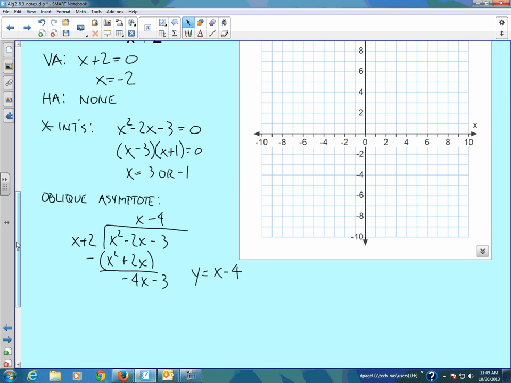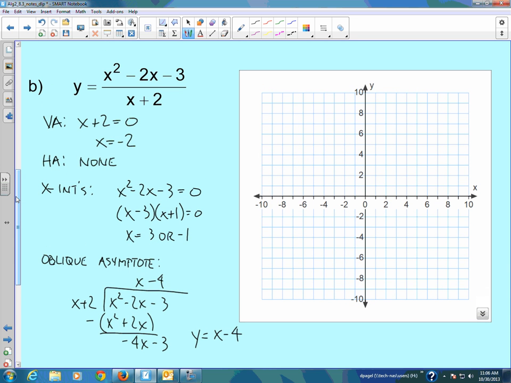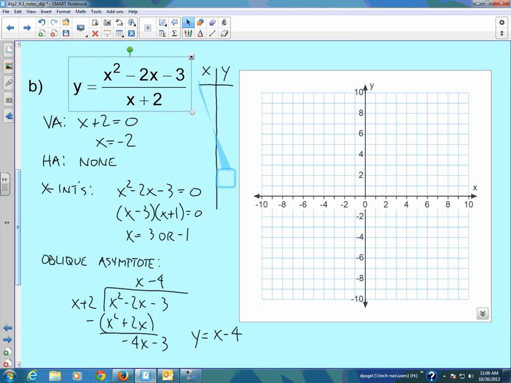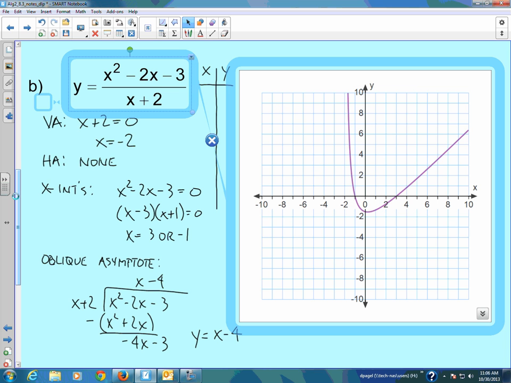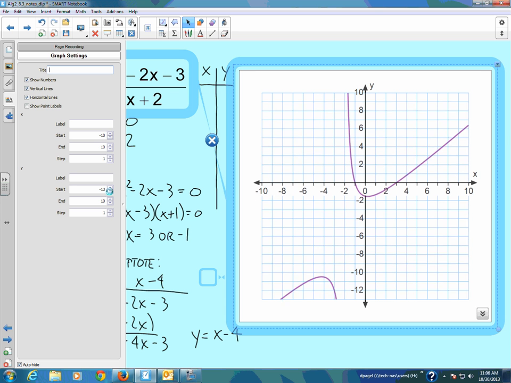I put in my values here before I draw on my asymptotes, just to make sure I don't have the same problem that I did last time. We pick our x's, we find our y's. Just for the sake of time here, I'm going to adjust our properties to make these different.